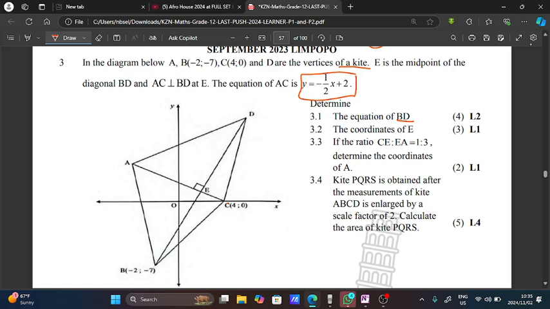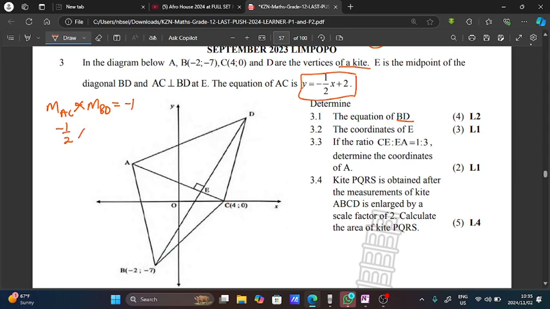If they are perpendicular, it means when we multiply the gradients, what do they give us? The gradient of AC multiplied by the gradient of BD equals negative 1, because they said they are perpendicular. What is the gradient of AC?